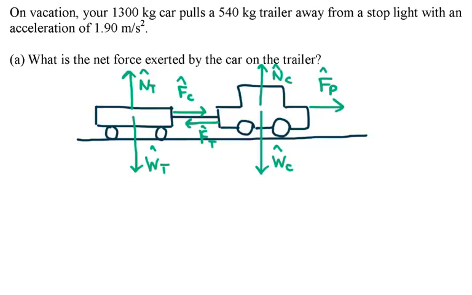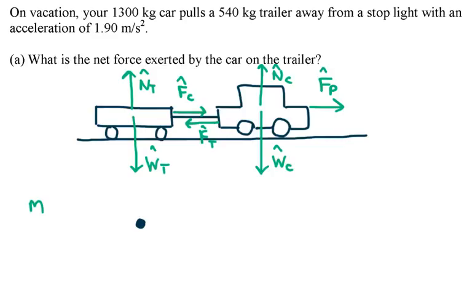So let's now go to the next step of drawing our free body diagrams and replace the object of interest with a point particle. Now in this case, what is the net force exerted by the car on the trailer? So we're curious about the trailer. So let's only finish drawing our free body diagram for the trailer. So I'm going to draw a point here at the bottom that represents our trailer that has the same mass as the real trailer above.